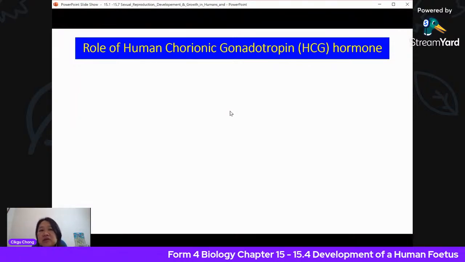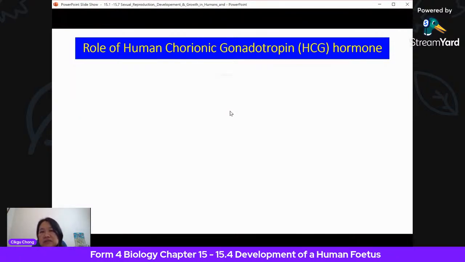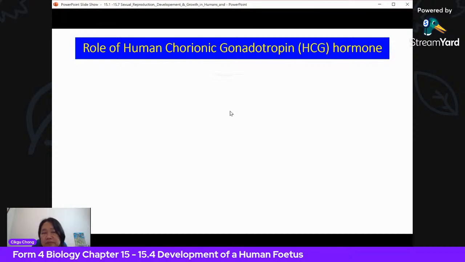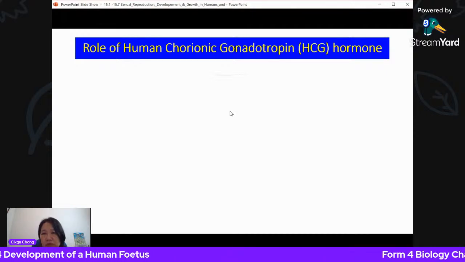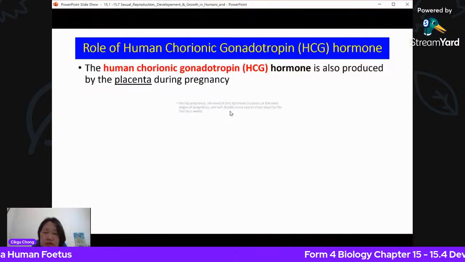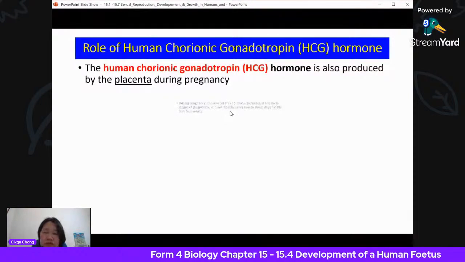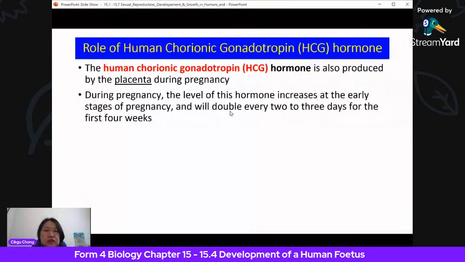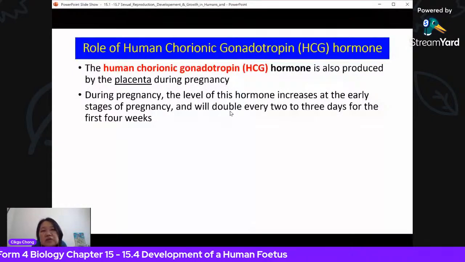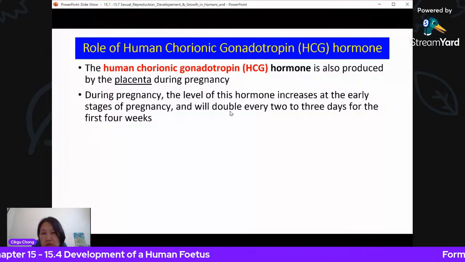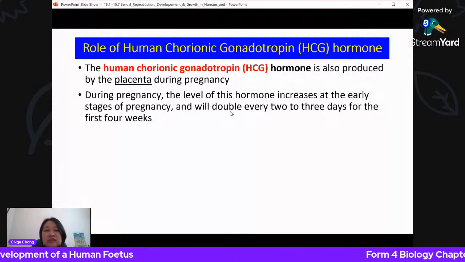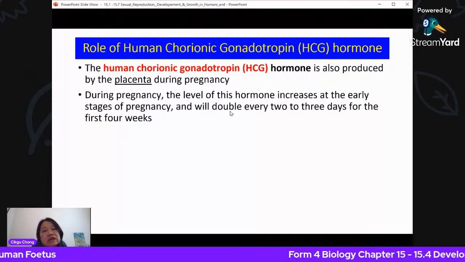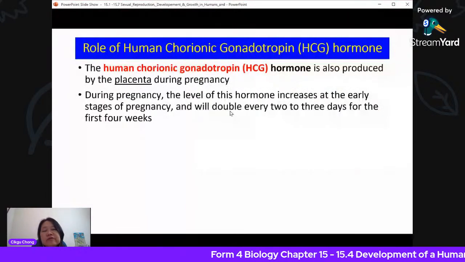This is the hormone which is also produced by the placenta during pregnancy. This hormone is important because it will maintain the condition of pregnancy. This level of hormone will rise. It will double every 2 to 3 weeks for the first 4 weeks.